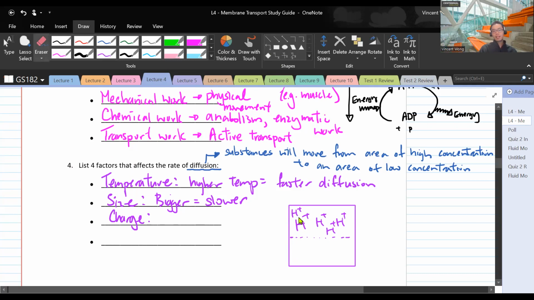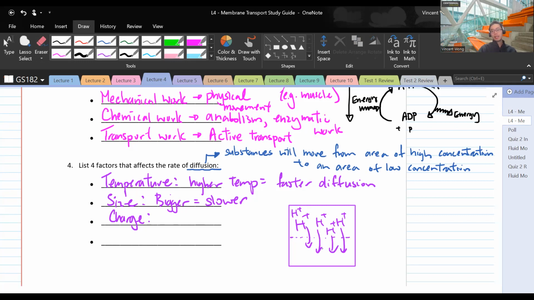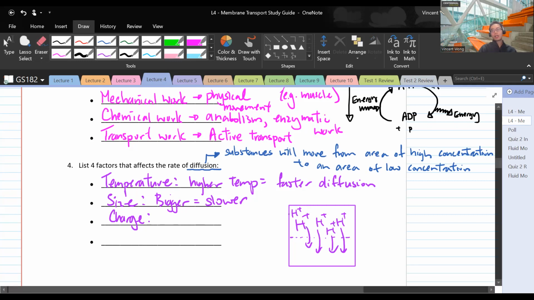So if you have a bunch of positive here, initially you will push them over, and it will cause them to try to move away from each other very quickly. And that repulsion actually speeds up the process initially. However, as the process goes on, as you build up more positive on this side, then these positive charges will kind of push back, right?